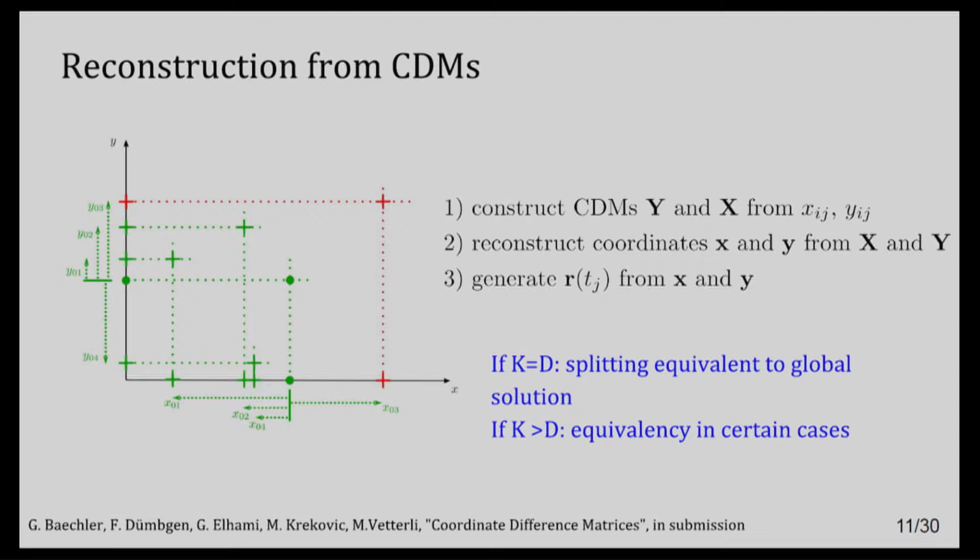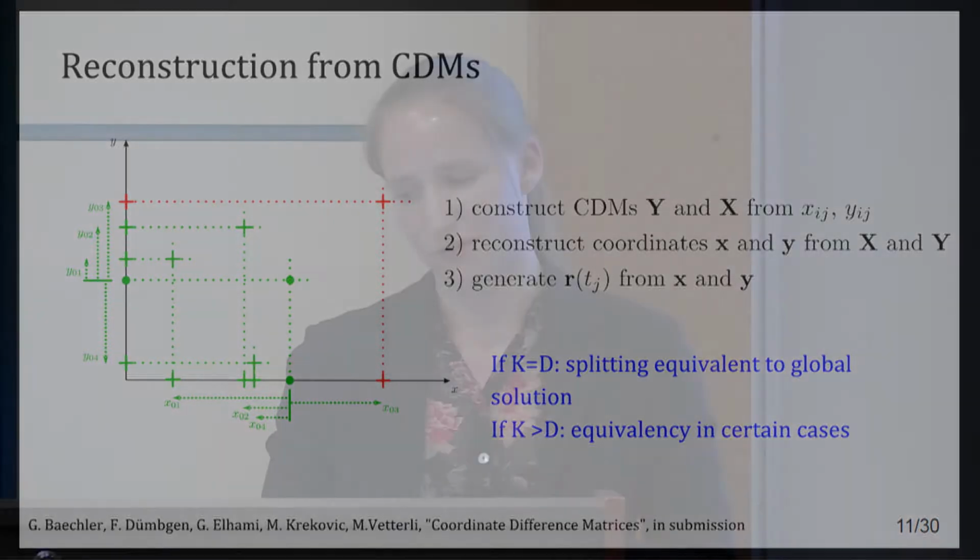While if we have more than D projections, this equivalency only holds in certain cases, depending on which measurements you're given. And we are going to publish this in the paper called Coordinate Difference Matrices, which is currently in submission. So this is as much as I wanted to say about coordinate differences.